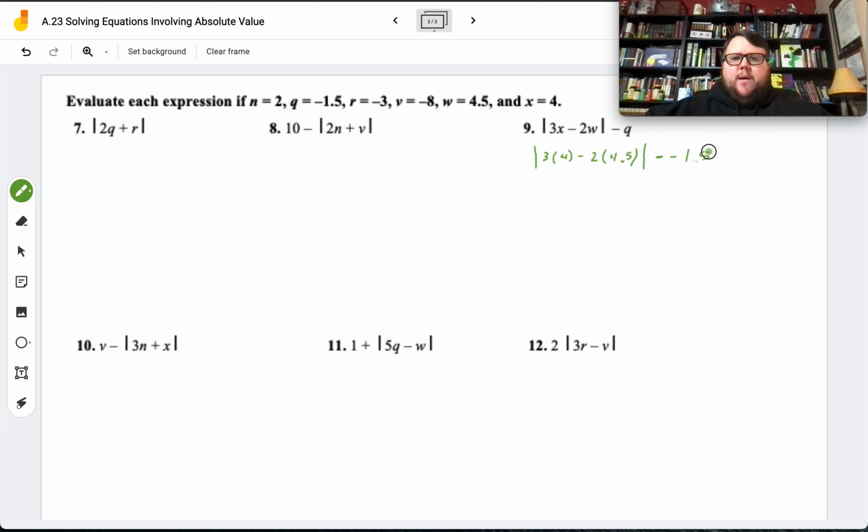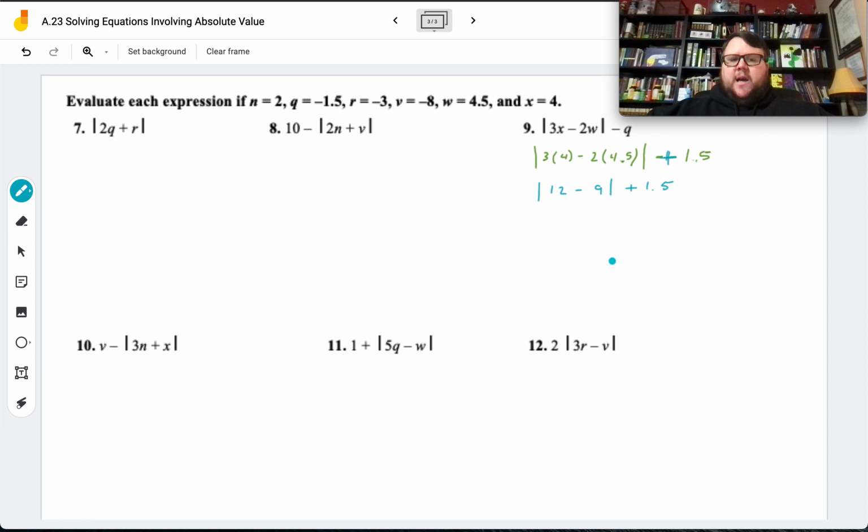As we remember, when we have a minus a negative, we negate the negative and it becomes plus. So I'm going to change that to a plus. Now I evaluate: 3 times 4 is 12, minus 2 times 4.5 is 9, so 12 minus 9, and then plus 1.5.